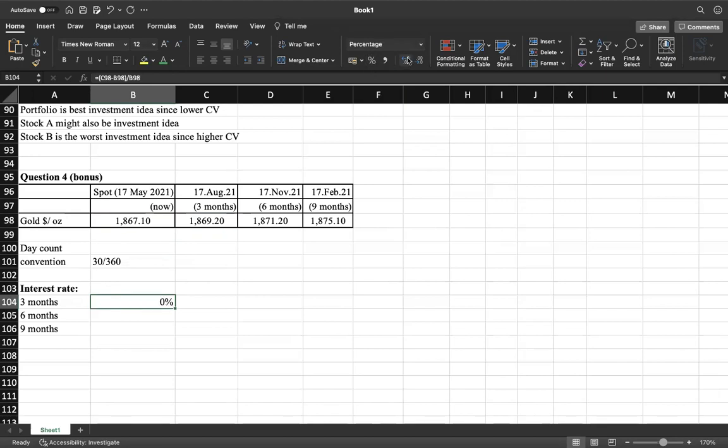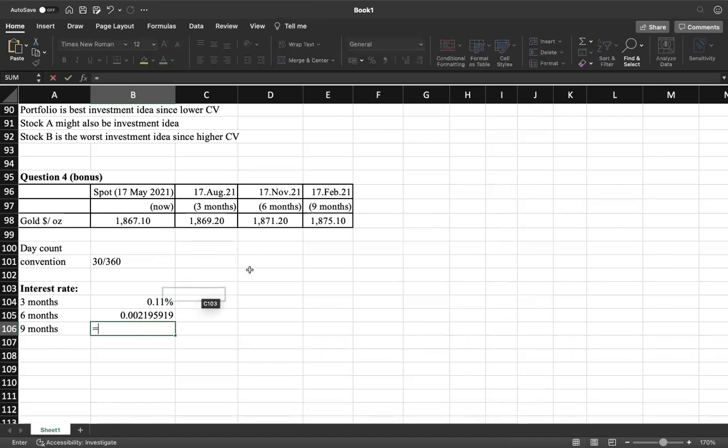Let me convert to percentage. 6 months, it is also the same case. 6 months price minus spot price, I'm finding the rate, change rate, interest rate in other words, divided by spot price. And 9 months price minus current price divided by current price.